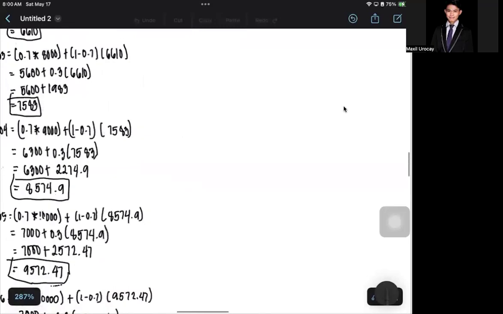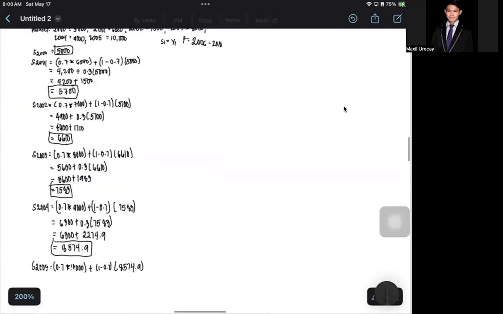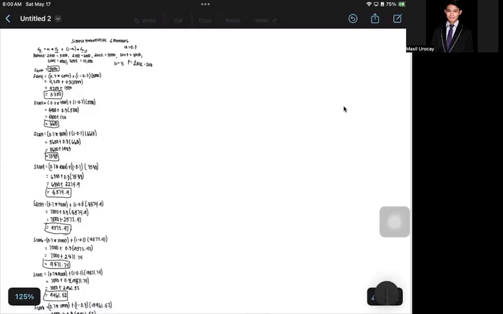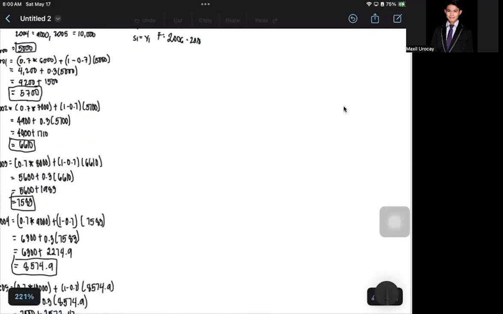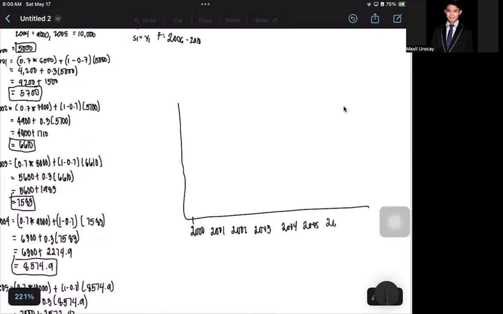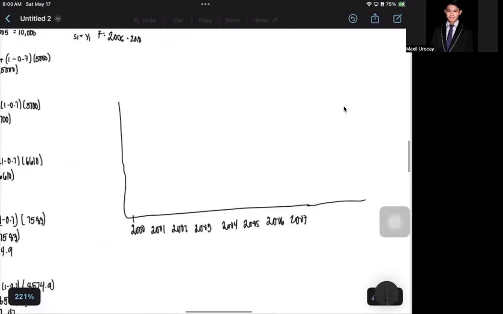So make sure that if you draw that in a graph, you can definitely observe the fluctuation as well. For example, I want to put here the years 2000, 2001, 2002, 2003, 2004, 2005, 2006, 2007, and then 2008, 2009, and 2010.